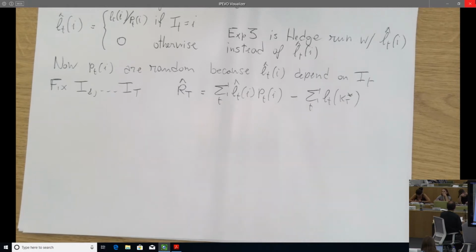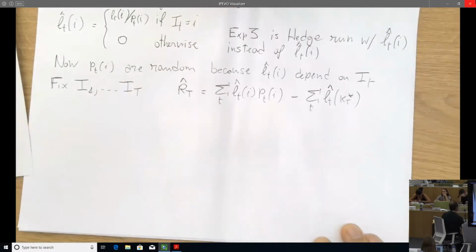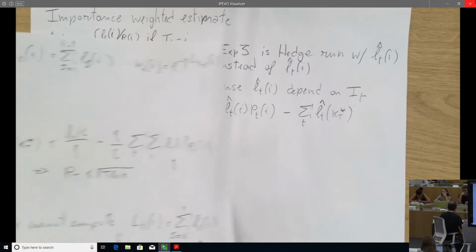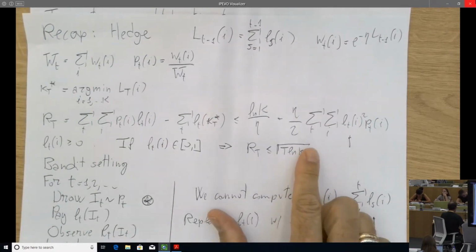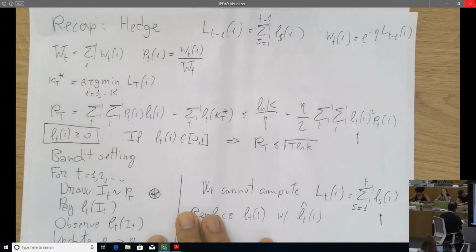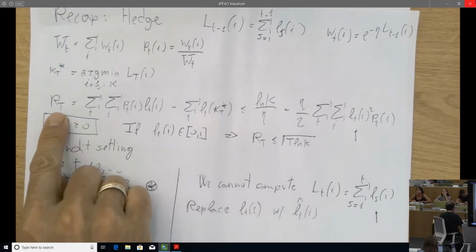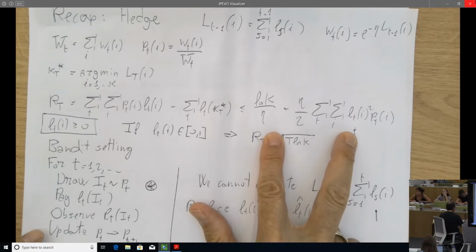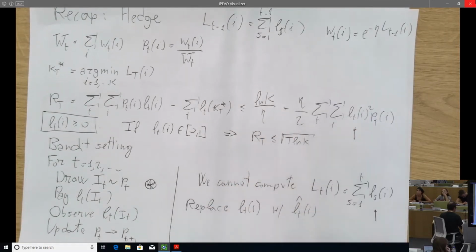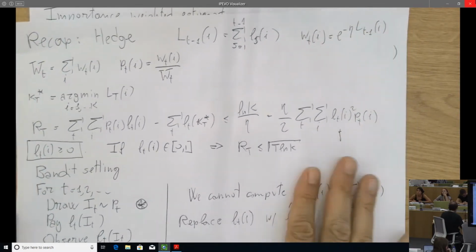So now I can take this bound, which I said holds for non-negative losses. These L hats are non-negative losses. So I can just use this bound, basically redoing the analysis I did yesterday, replacing the L's with the L hats, and noting that the L hats are non-negative, so the analysis works.